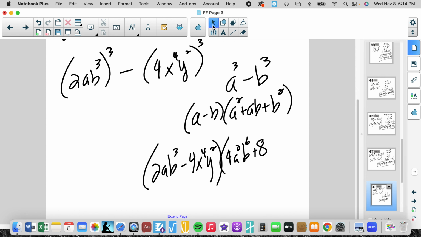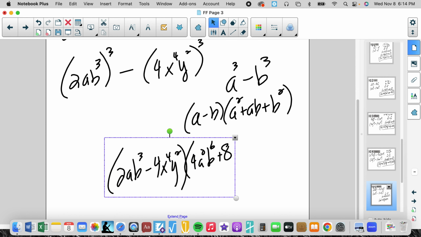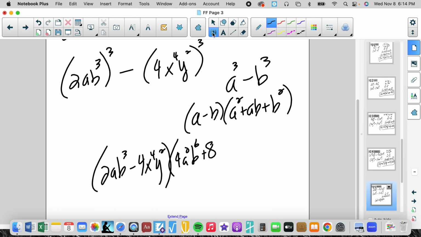I'm again going to run out of space really fast. Plus 4 times 2 is 8ab cubed x to the 4th y squared, and then that's going to be plus 16x to the 8th y to the 4th.